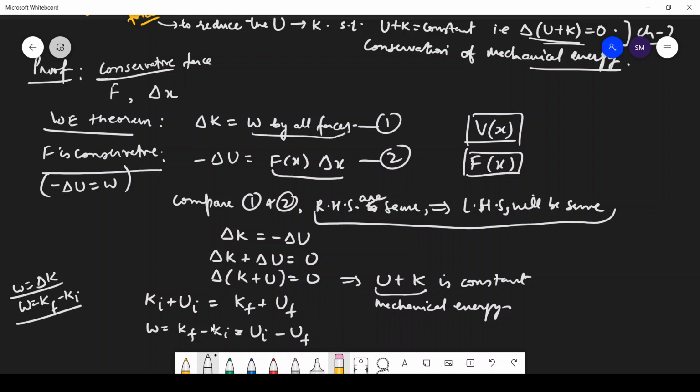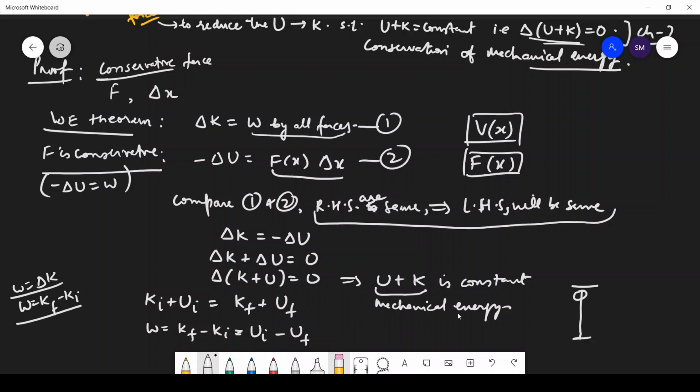So it is clearly telling you that if the final kinetic energy is greater than the initial kinetic energy, then the uf is lesser. So kinetic energy was lesser and u final will be lesser. So what does this mean?